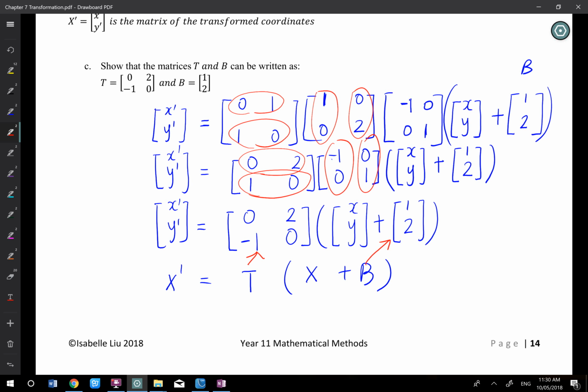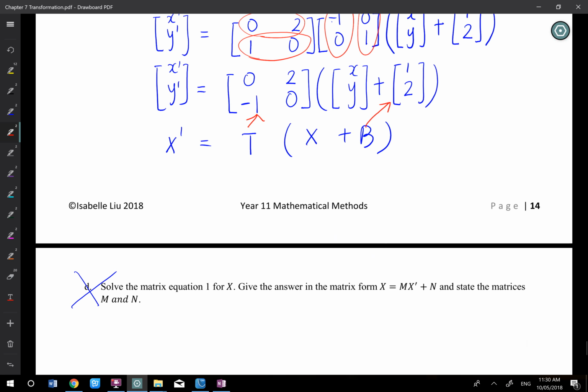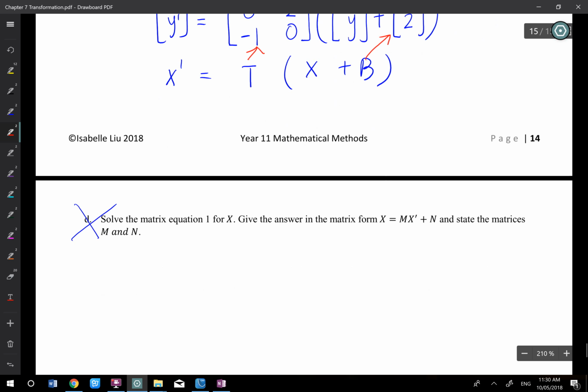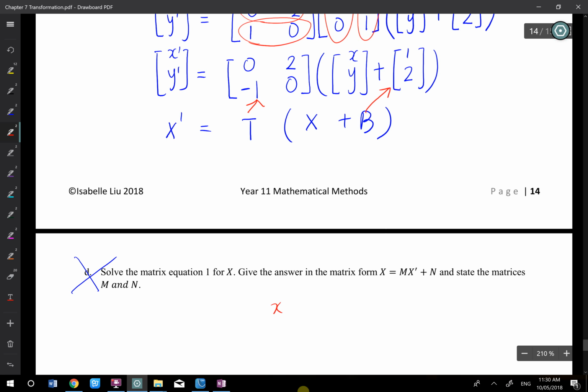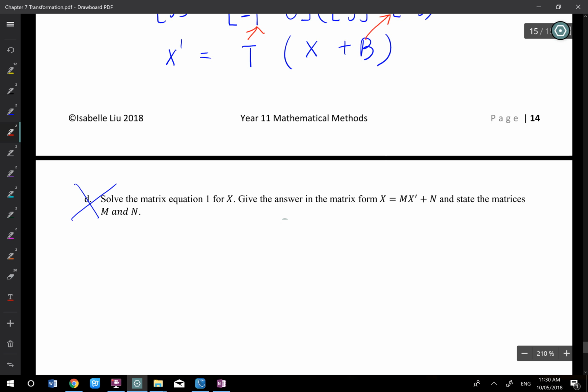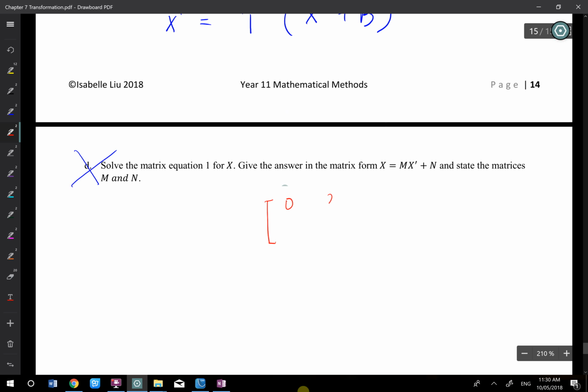Also, if we expand this, I'll just use the space here to expand it. What I will have is x dash equals to, and this time I'll do a further step, because we want to check our answer whether it's correct or not. So this will be x plus 1 and y plus 2. So we have x dash and y dash equals to that.